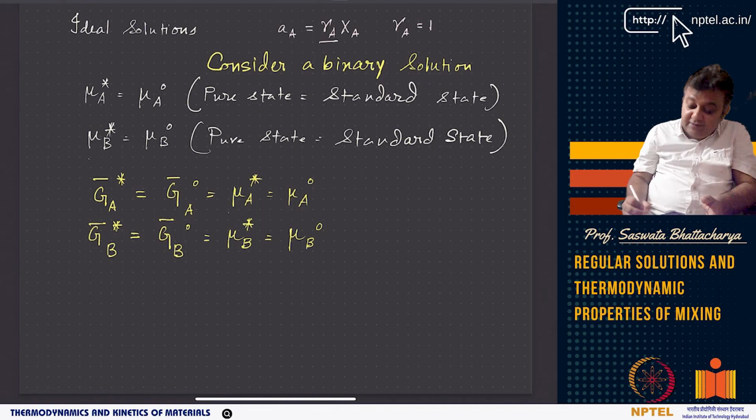So that is the chemical potential of A in the pure state, and that is the chemical potential of A in the standard state. The pure state can often be taken as the standard state. You can also choose a standard state that is not the pure state of either A or B, but it is convenient to choose the pure state for A or for B to be the standard state.